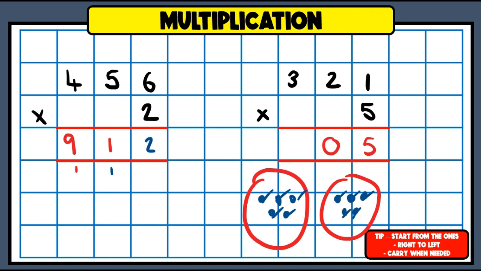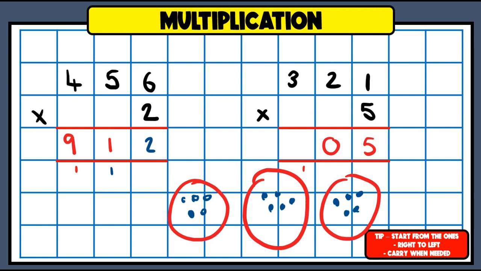So my answer is 10. 0 there, underneath. And finally we've got 5 times 3. Okay, 5 times 3 and 3 times 5 are the same, so I'll just put 3 rings there, and I'll put 5 in each. 1, 2, 3, 4, 5. 1, 2, 3, 4, 5. 1, 2, 3, 4, 5.